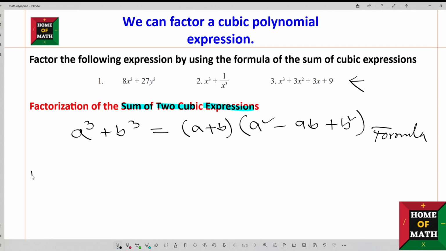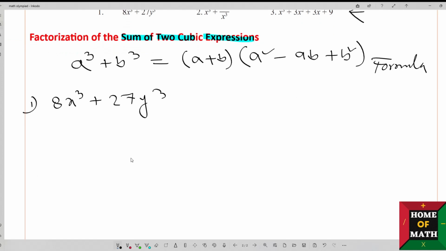Let's start. First, number 1, here is 8x cube plus 27y cube. Here is 8x cube, we can write (2x) cube. It means this is a cube. Plus, here is 27y cube.